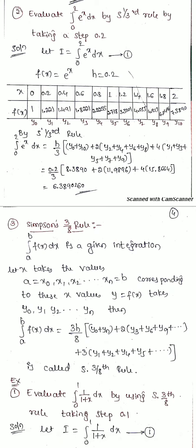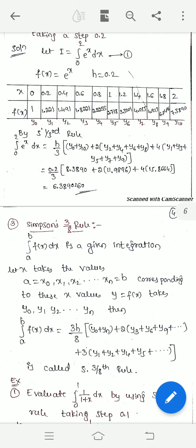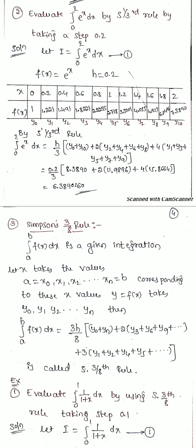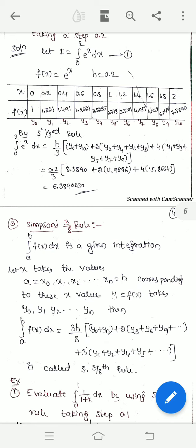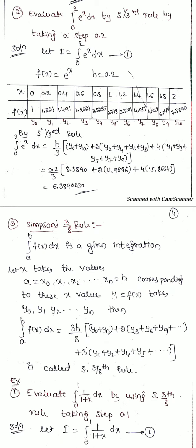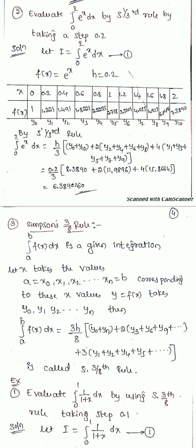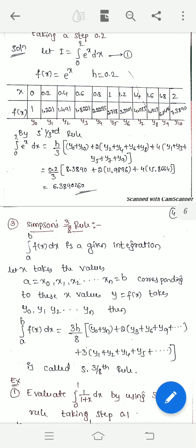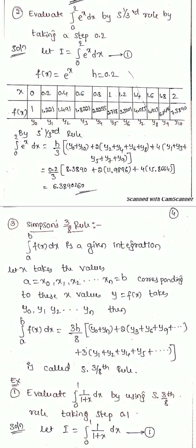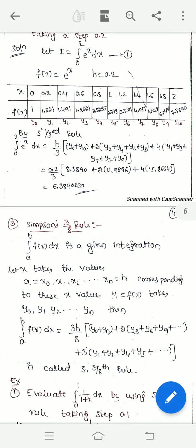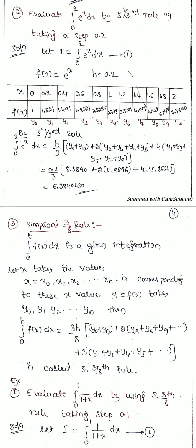If we substitute these results in the above formula, h is 0.2. So 0.2 divided by 3 into the first term plus the last term, which added is 8.3890, plus 2 into the sum of the even terms, 11.9896, plus 4 into the sum of the odd terms, 15.8664.